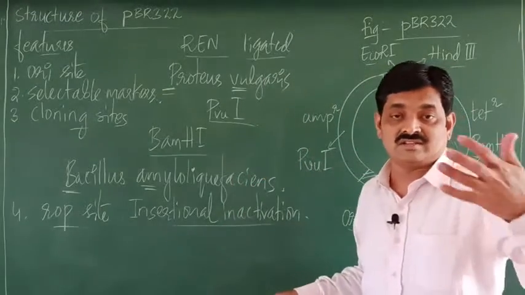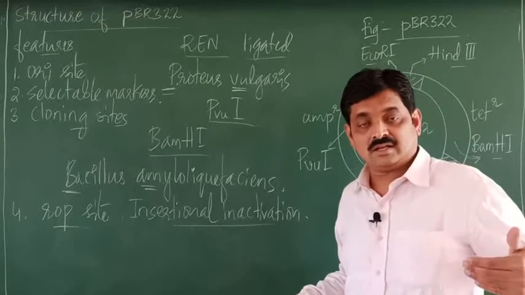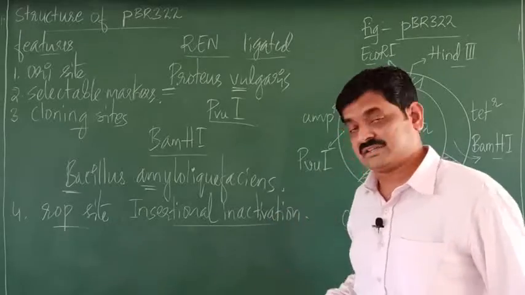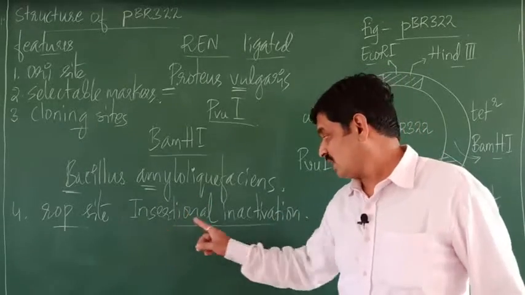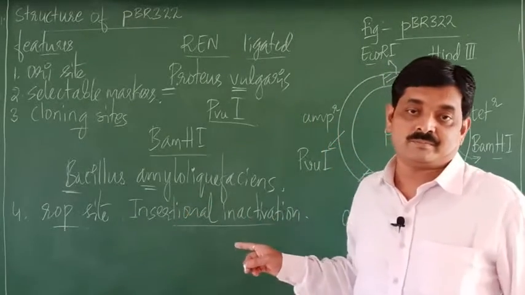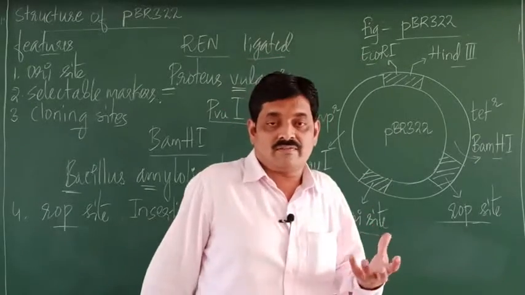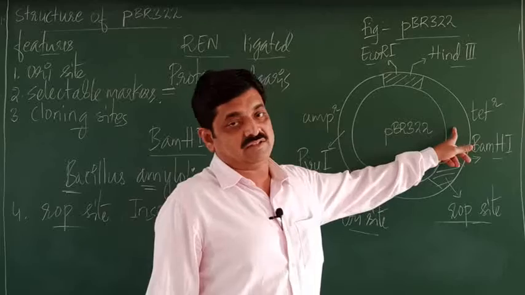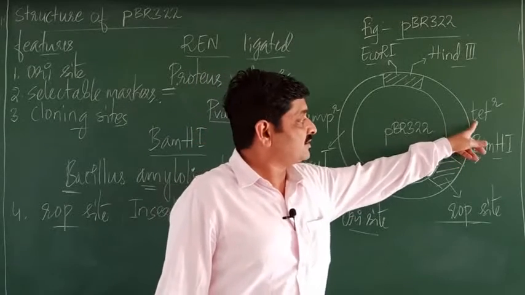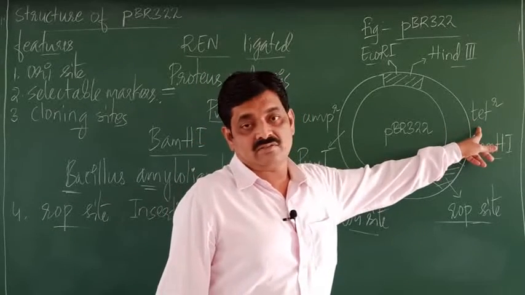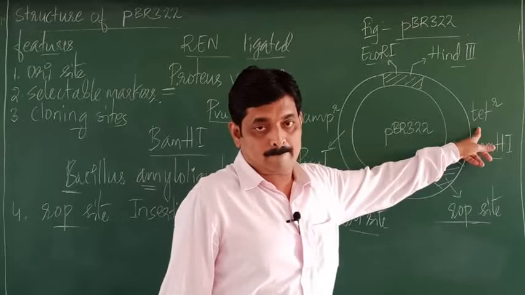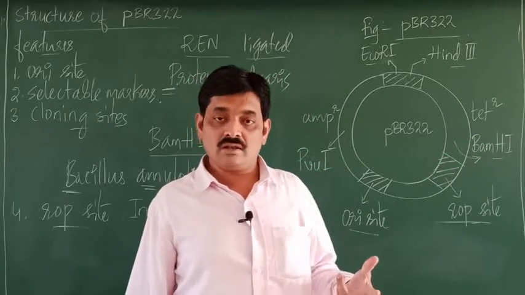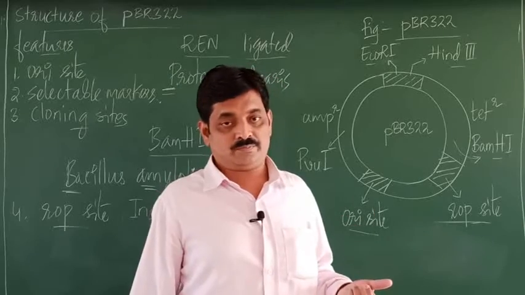So when a foreign gene is inserted, the antibiotic resistance gene becomes inactive. That is called insertional inactivation. So insertion of a desired gene at this site inactivates the tetracycline resistance gene.